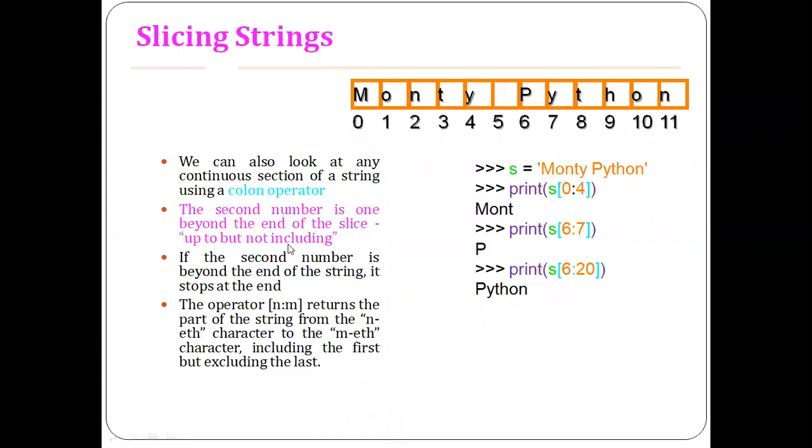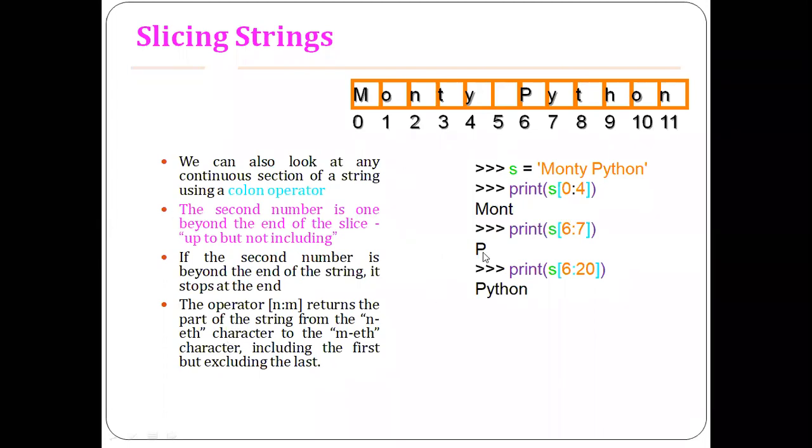If the second number is beyond the last index, then instead of generating an error message, it will slice only the characters up to the last index. That is exactly what the operator n colon m does: it returns the part of the string from the nth character to the mth character, including the first but excluding the last. It will exclude the last character, but up to that point it will extract the characters.